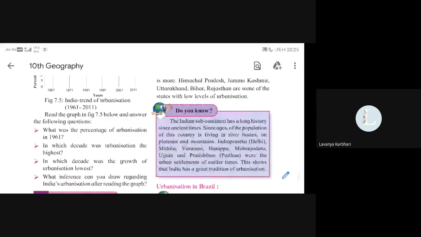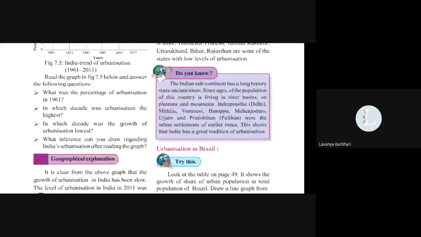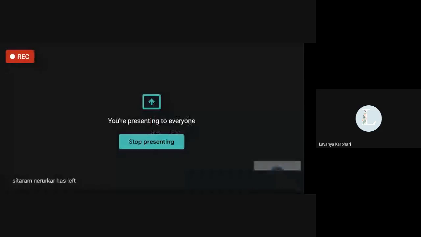So you can easily tell in which decade what was the percentage of the urban population in India.